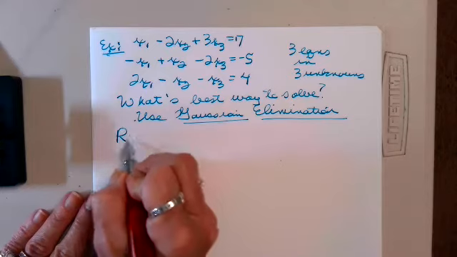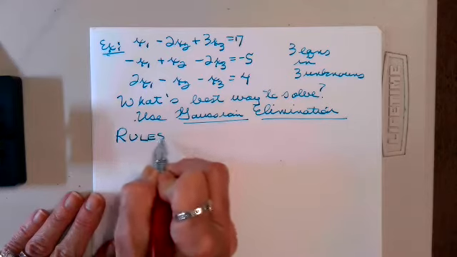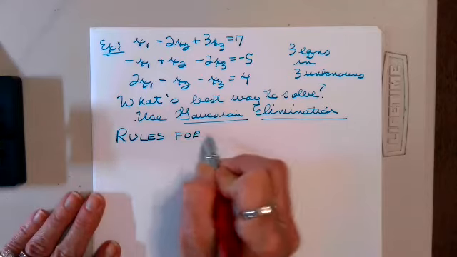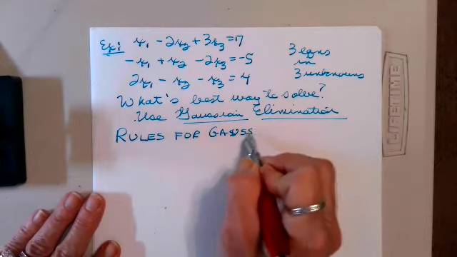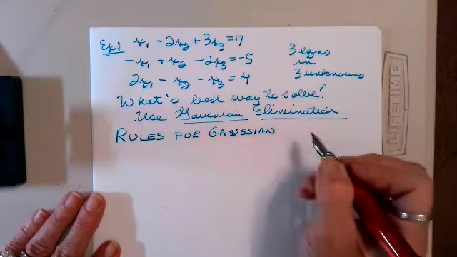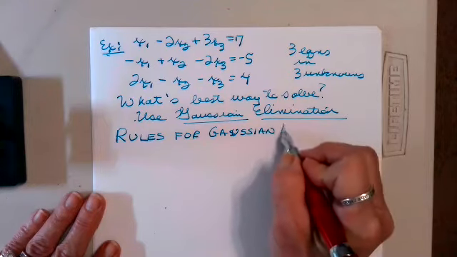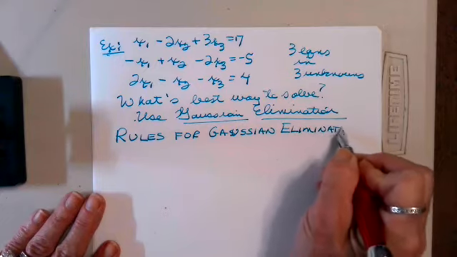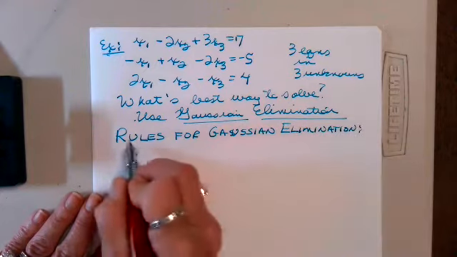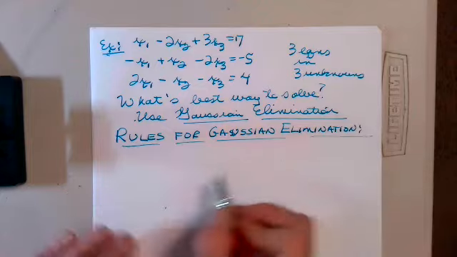So here's the rules for Gaussian elimination. And some people call it Gaussian reduction. It just basically depends on where you stop the elimination. Okay, there are only three.